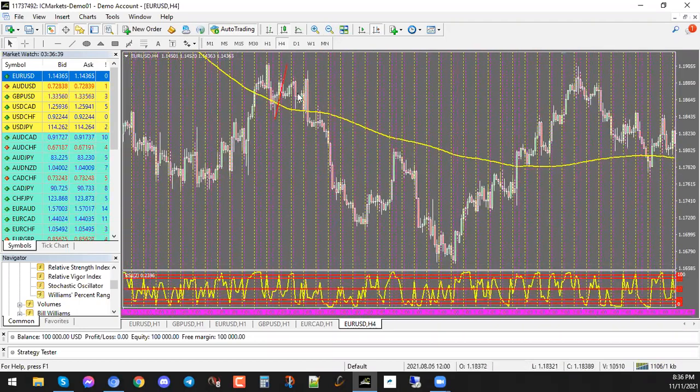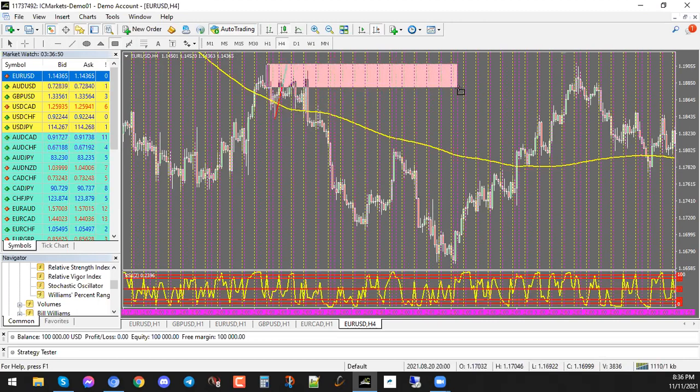Where was I? I think this is where it was, right? Last up candle before the down move. But I think that was it right there. We went to the 1-hour time frame.